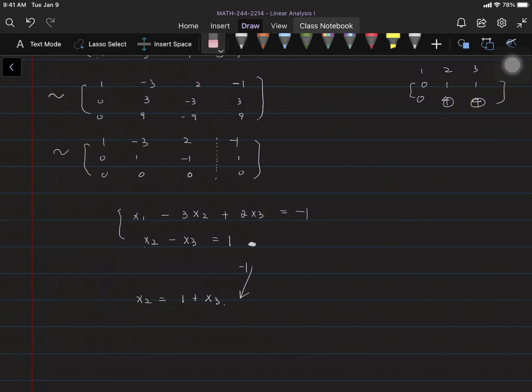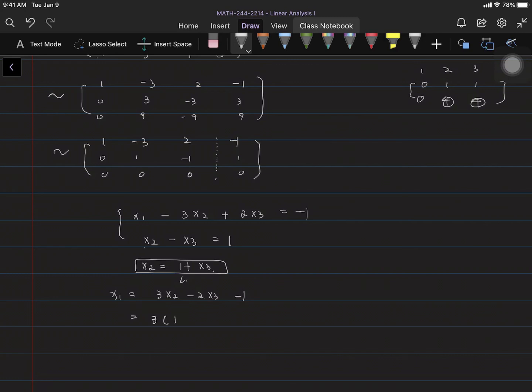So we don't have to write this down. Firstly, solve for x2: 1 plus x3. And then solve for x1. x1 equals 3x2 minus 2x3 minus 1, and plug in x2.